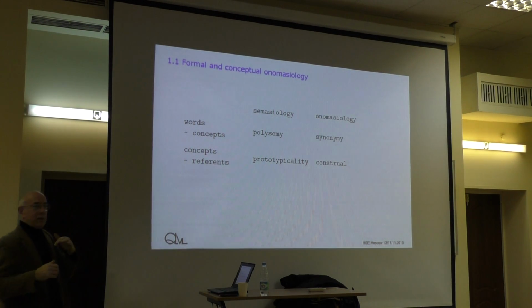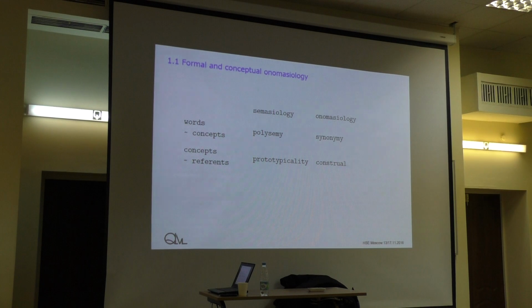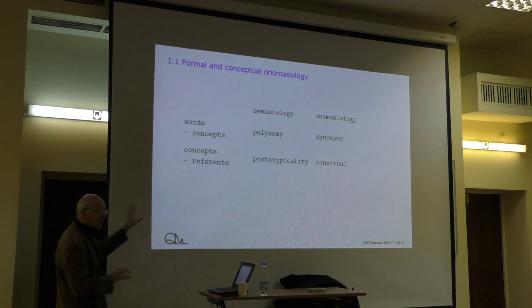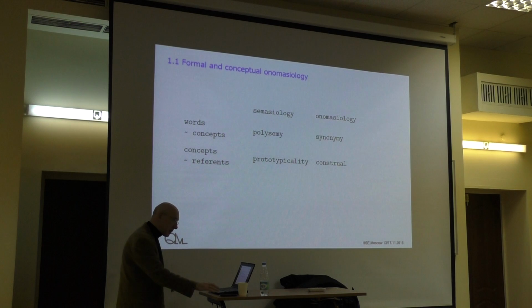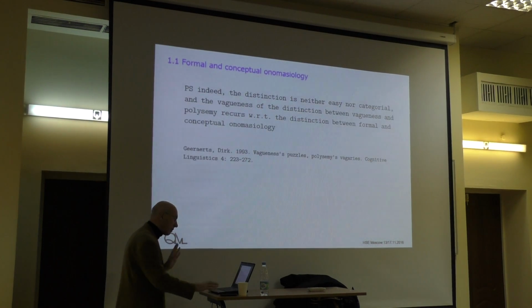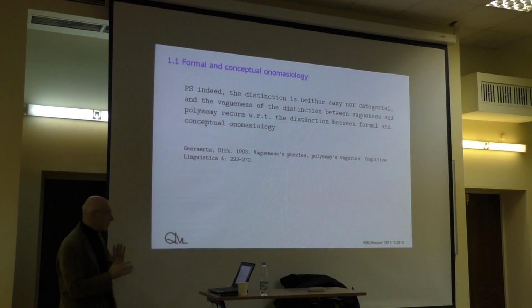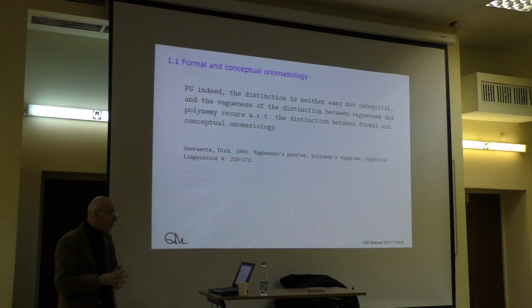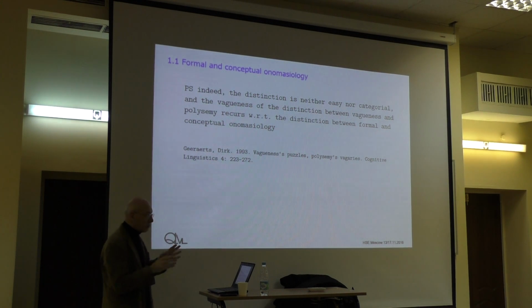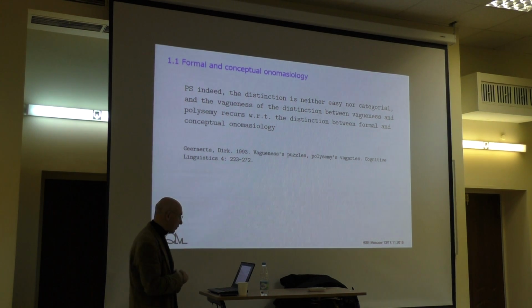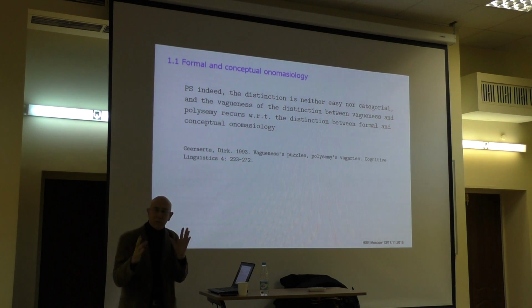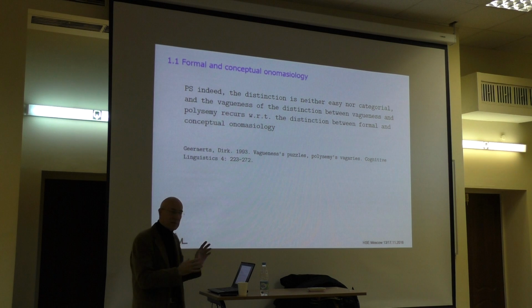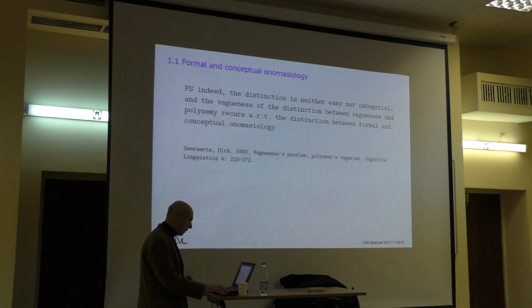So from that point of view, what I'm telling here is a simplification. Things are a bit more difficult. So I admit that the distinction between the three levels, or the two basic pairs of levels, is not easy. It's also not binary, it's not categorical. There is a bit of vagueness, but for expository purposes, this is helpful.